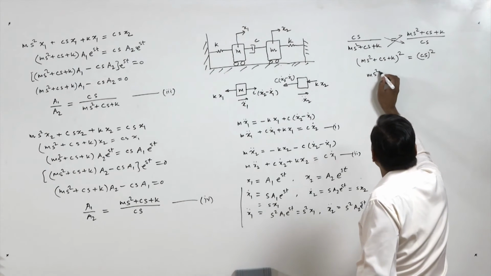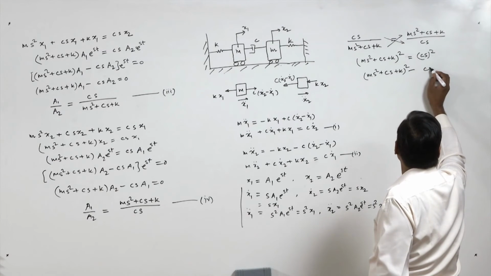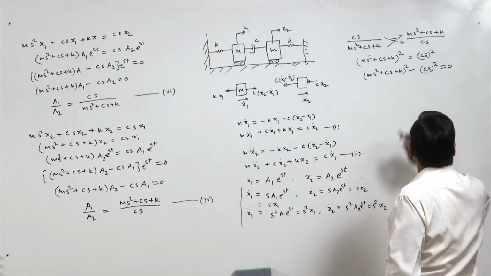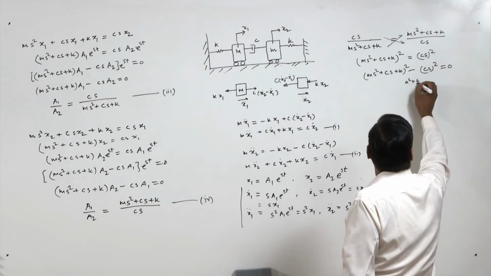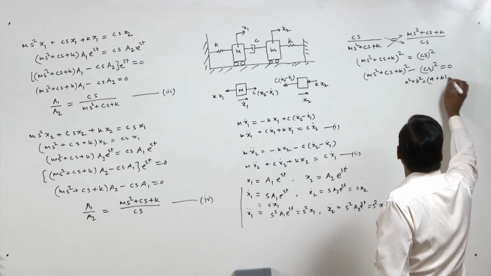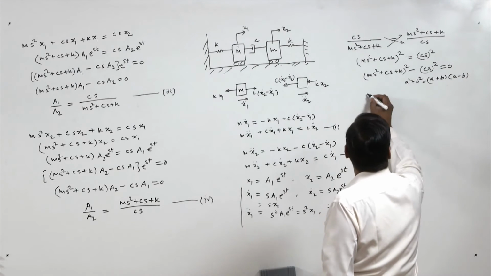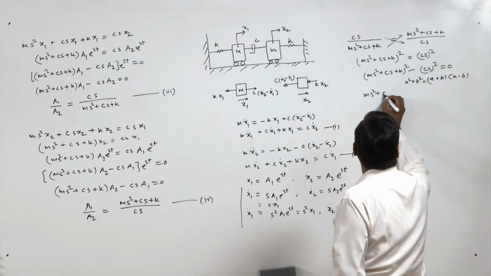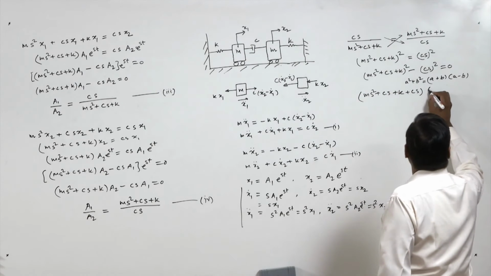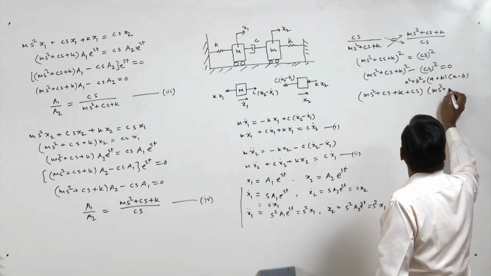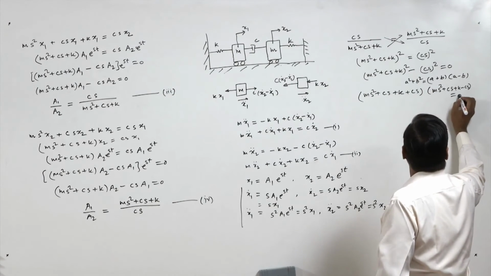So we can write (m s square plus c s plus k) square minus (c s) square equal to 0. Now, because a square minus b square equals (a plus b) into (a minus b), we can use this formula. So (m s square plus c s plus k plus c s) and the second factor (m s square plus c s plus k minus c s) equal to 0.